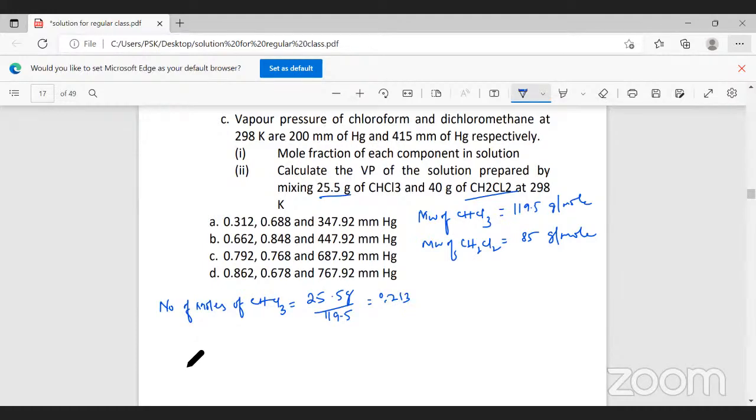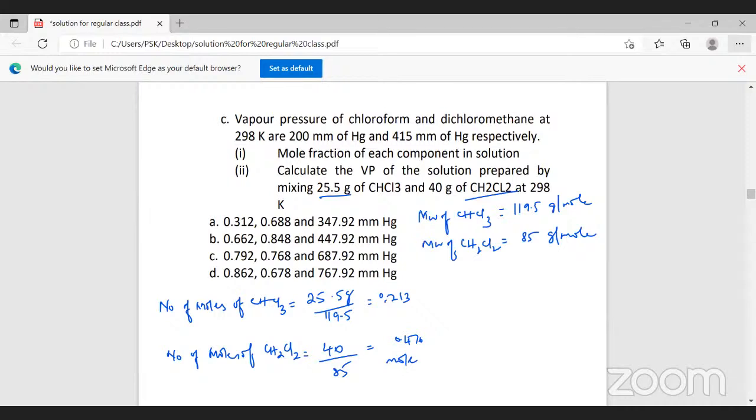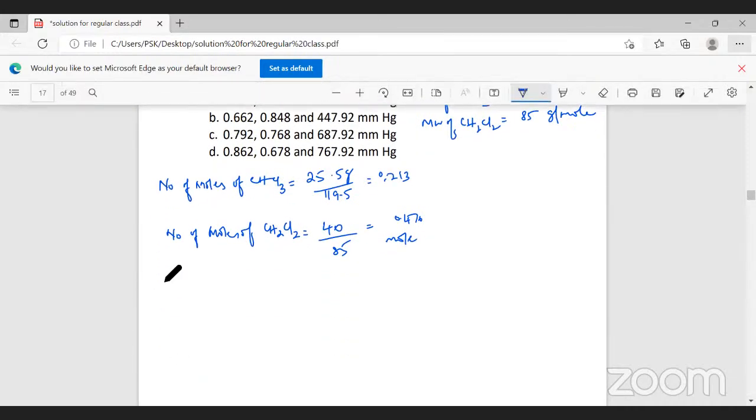That's the number of moles of chloroform. So number of moles of dichloromethane, CH2Cl2: they've given 40 grams, and the molecular mass is 85. So this will be around 0.470 moles. I hope that you followed. Yes. Therefore, we can write total number of moles. Total number of moles will be what?